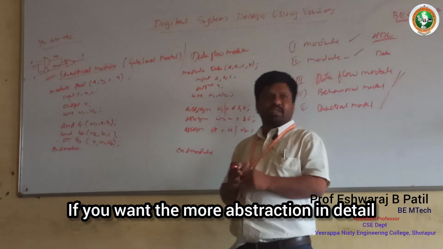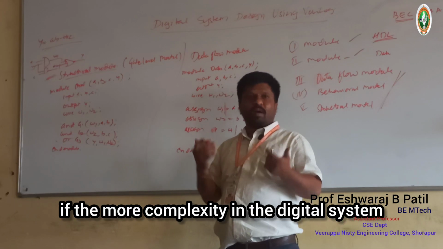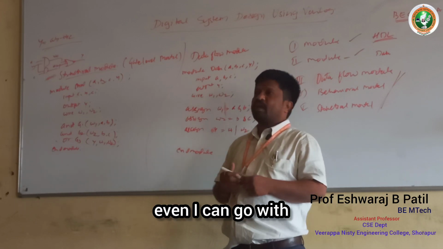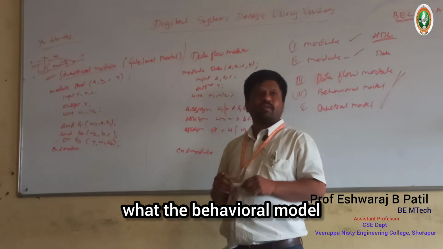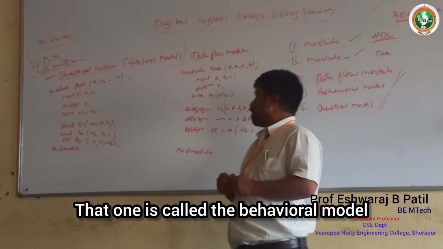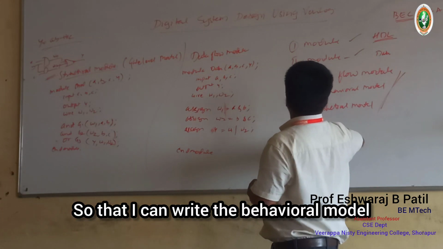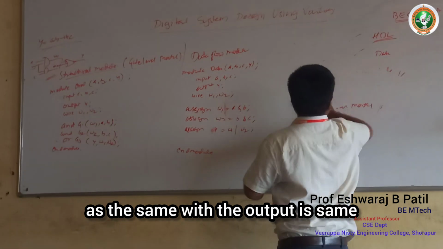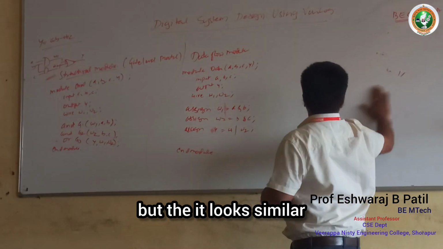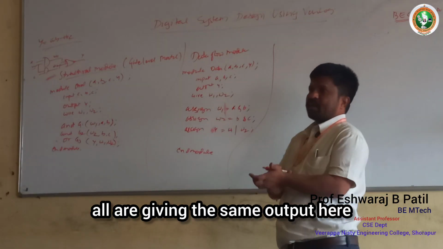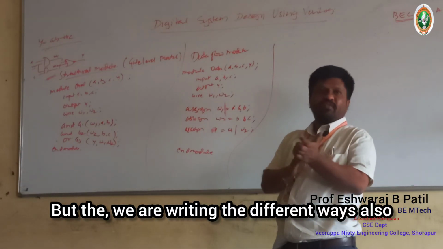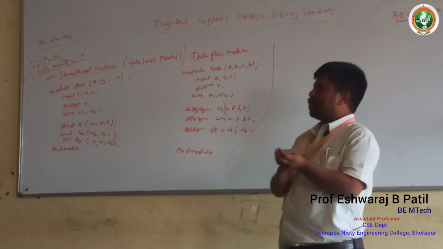If you want more abstraction, if there is more complexity in the digital system, I can go with one more model, which we call the behavioral model. So I can write the behavioral model with the same output. It looks similar, all have the same output, but we are writing in different ways, that's all.